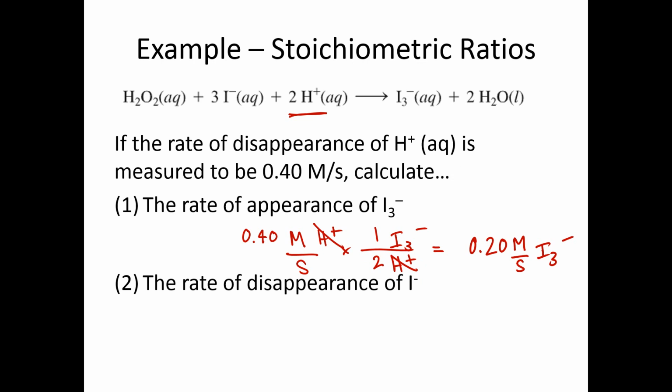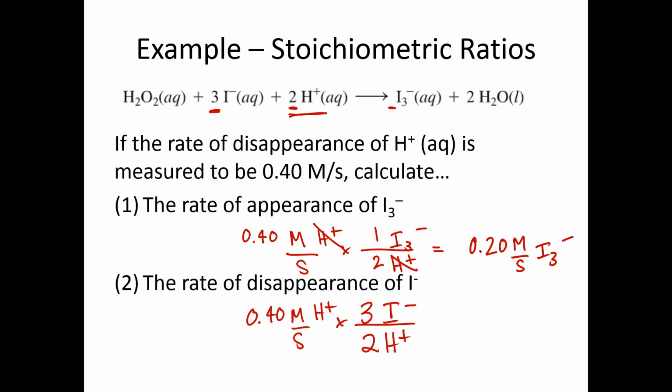Let's do the same thing for another ion. So again, I'm starting with the same starting point. I know that the molarity per second of H+ is 0.4. I want to convert my H+ into I-. And there are 2 H+ for every 3 I-, because I'm again looking up here at these coefficients.